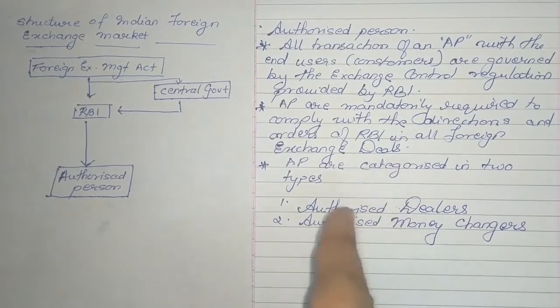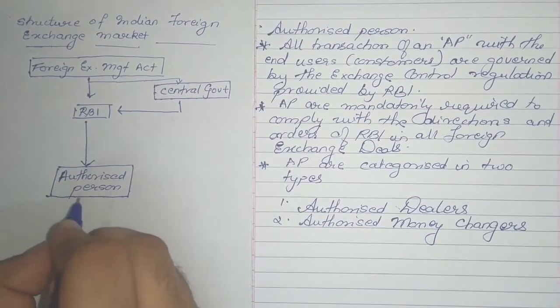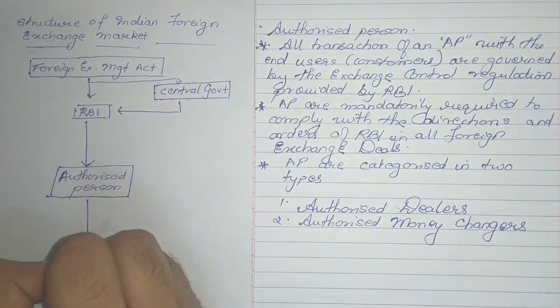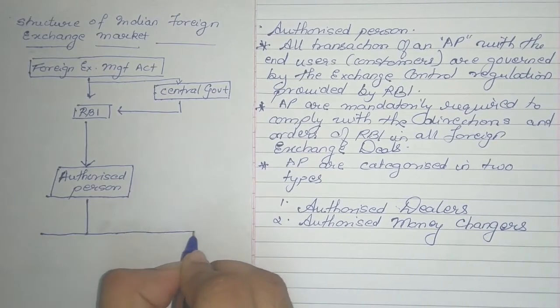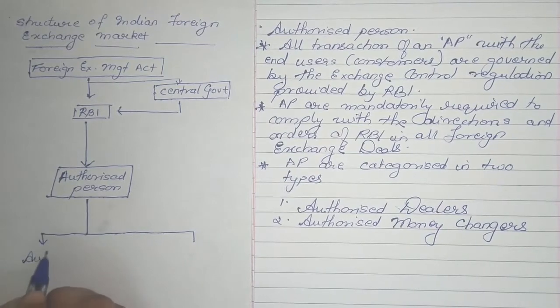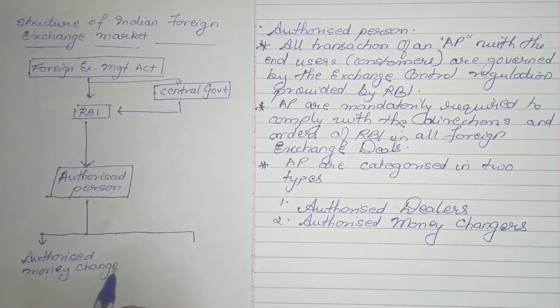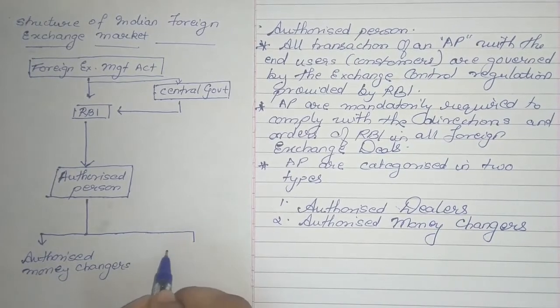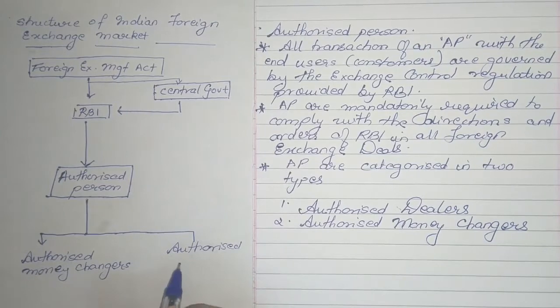So let's incorporate this in our diagram. So we can say that the authorized persons are further divided in two categories. One as authorized money changers and second as authorized dealers.